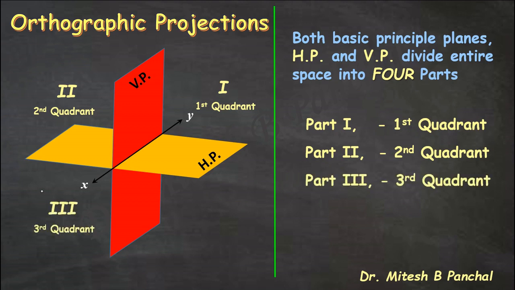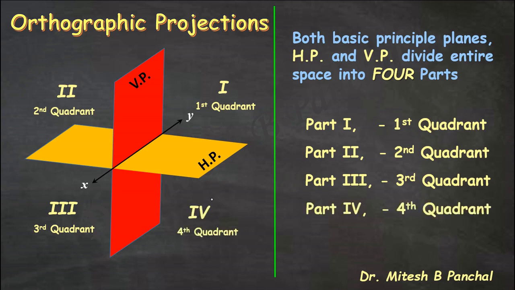Part 3 is the left bottom corner, that is defined as part 3, also known as the third quadrant. And part 4 is the right bottom corner, also known as the fourth quadrant. So HP and VP divide the entire space into four parts: part 1, part 2, part 3 and part 4.